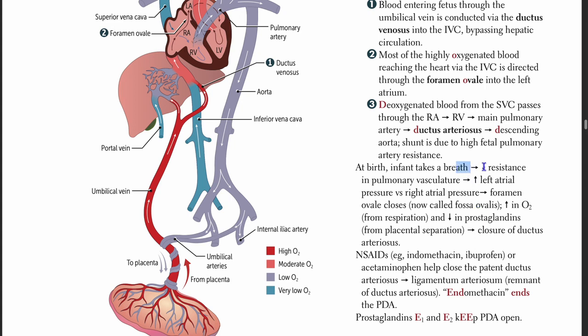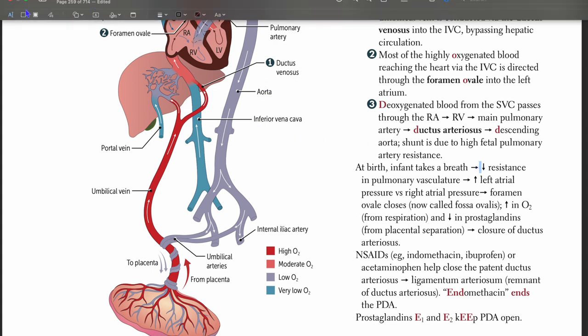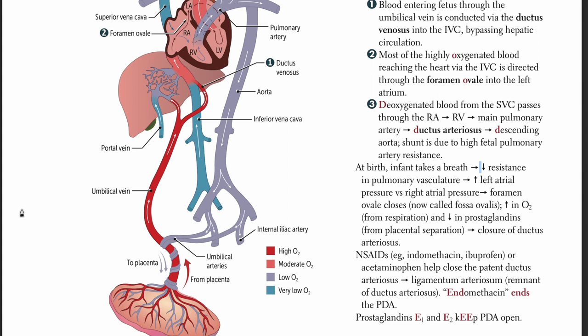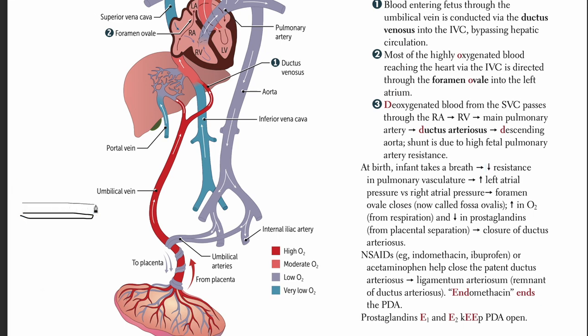Cool. At birth, the infant takes a breath. So when that happens, the lungs inflate, and then the resistance decreases. Because how does the resistance happen, in case you can't make that out? So this is the vessel, and the lung is... So imagine all the vessels are like this, right? And it's in the lungs, right? And the lungs are deflated, right?